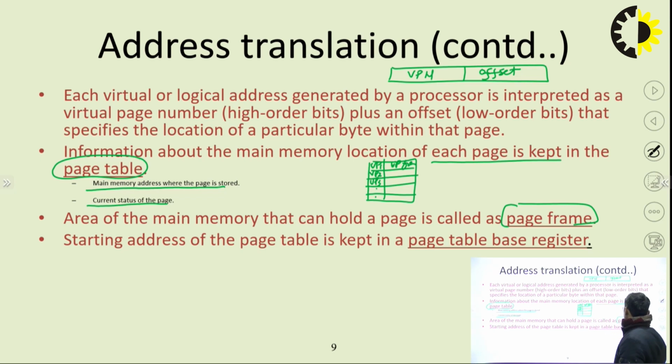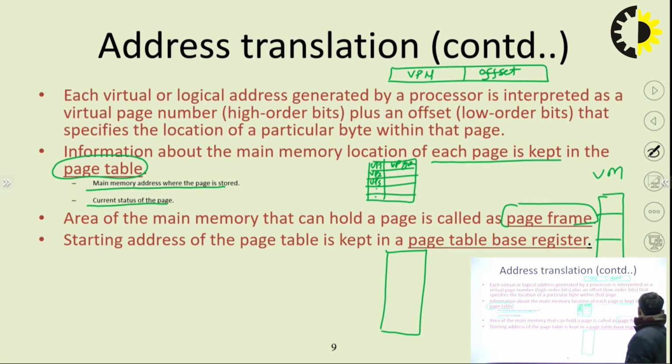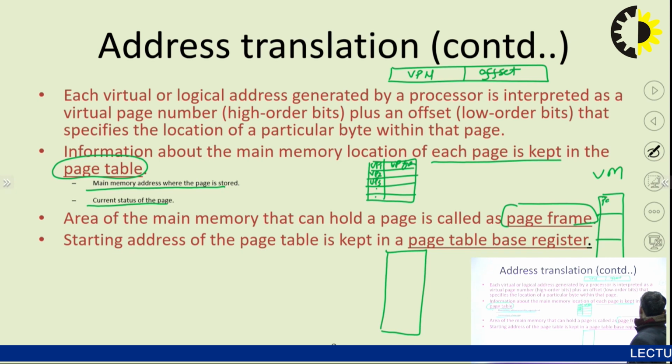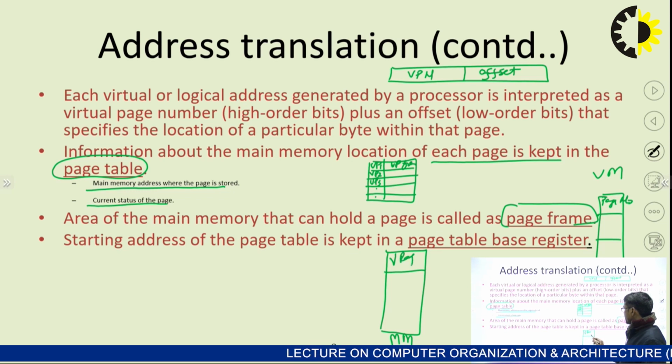So, virtual memory and main memory have two different terminologies. In virtual memory, every fixed size location is called a page, and when it moves to a particular main memory location, that is called a page frame.